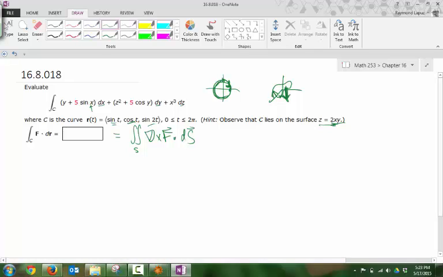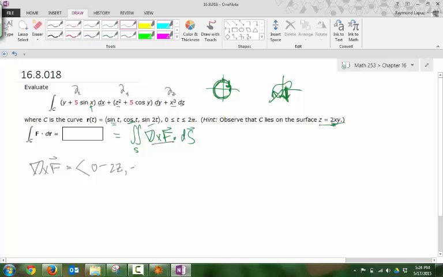Well, one of the first things we need is the curl for this vector field. So let's calculate the curl of this vector field. So this is your vector field. Imagine there's a partial with respect to x, with respect to y, and with respect to z on these things. If we want to find the first component, then we want to take the derivative of the last component with respect to y, and the derivative of the second component with respect to z.